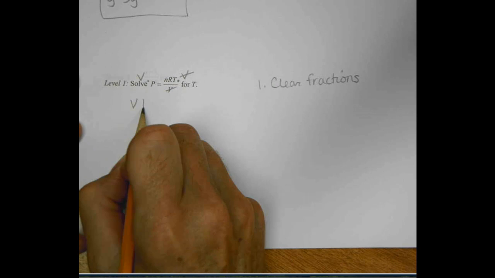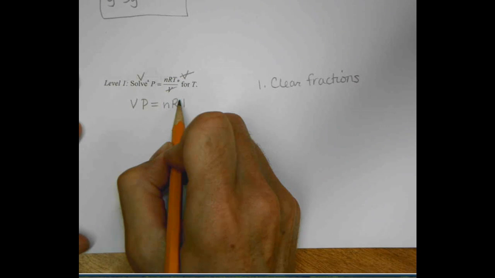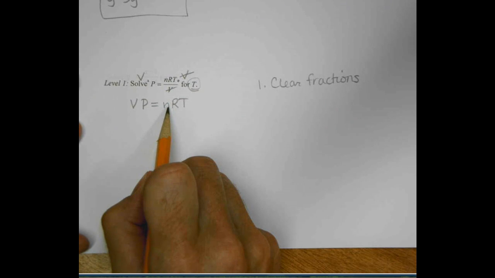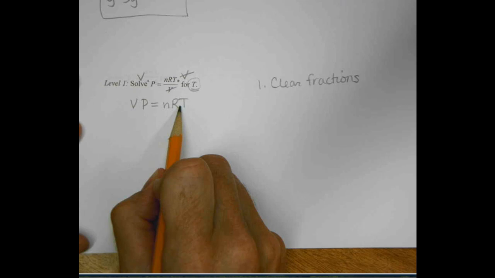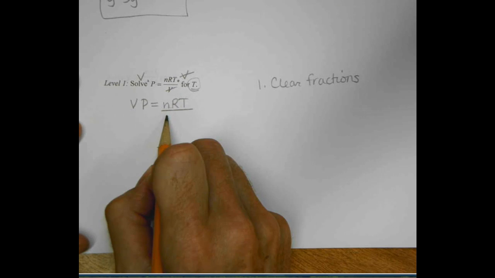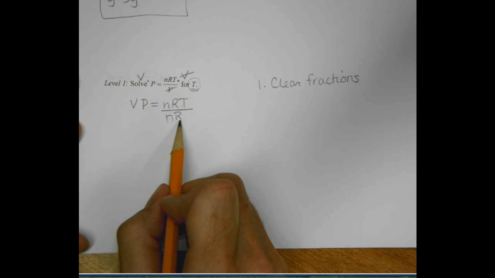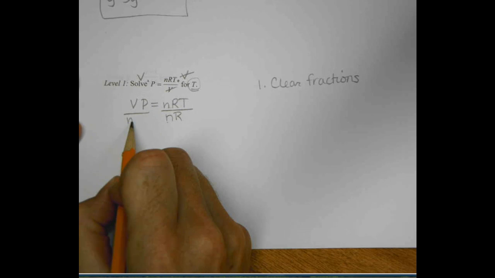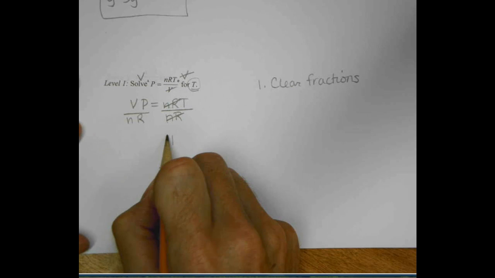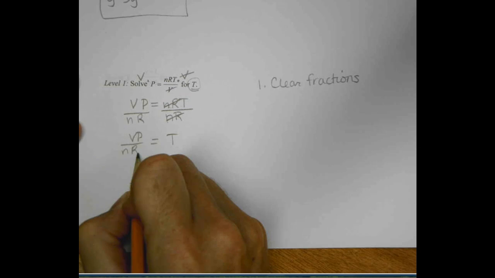And so then I have VP equals small n, capital R, capital T, and I am solving for the capital T. I see that I have multiplication in between all of these variables, so I can do the opposite of multiply, which is divide, and I'm going to divide by both variables, the n and the r, that I want to get rid of. And the n and the r both reduce, and I'm left with T equals VP over little n big R.